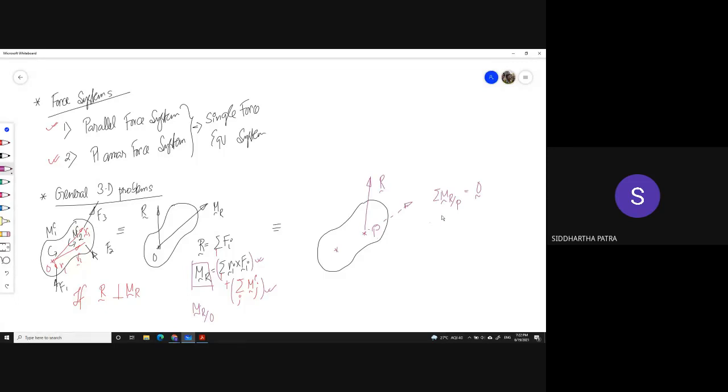Now even if we are not fortunately able to identify P on the first go, we can do that with respect to any arbitrary point O, and then we can determine at which point we must shift the resultant so that we don't need any other moment, to get the net effect of the original force system. So that way we get the simplest equivalent force system. But that comes with a condition that this has to be true, then only such a system can be obtained.